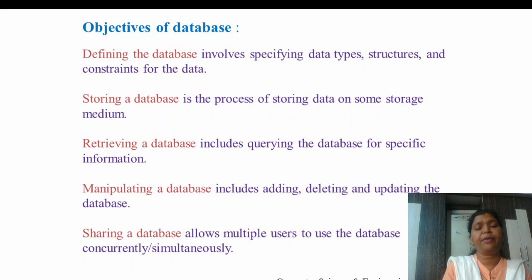Next comes manipulate. Manipulating is nothing but adding, deleting, updating the database. See, you are studying in your college and sometime in your first, second or third semester, you will get transferred to some other college. So the student data in our college, we delete because he is physically transferred to some other college and the other college will add.